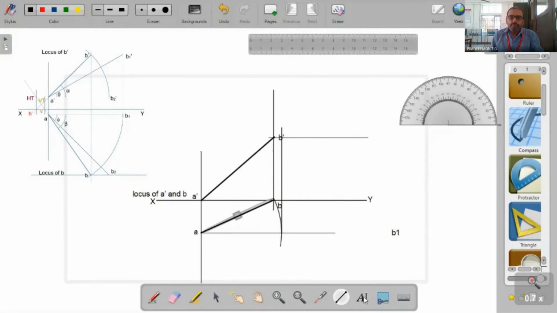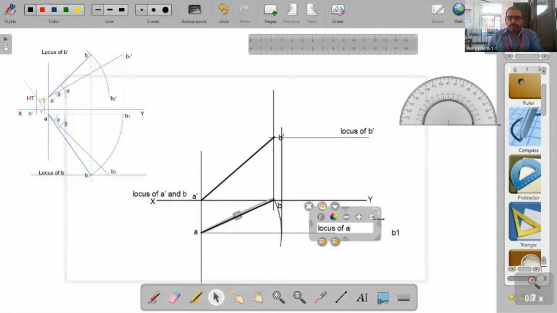Actually we haven't marked the locus of B dash. This is locus of B dash. And here is locus of A.